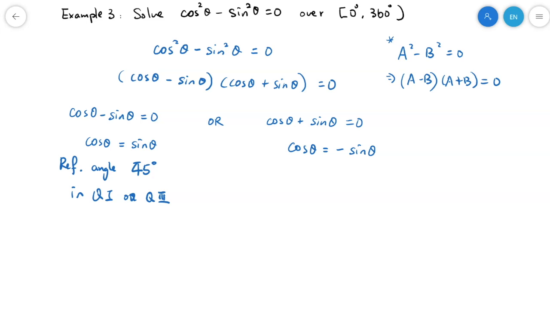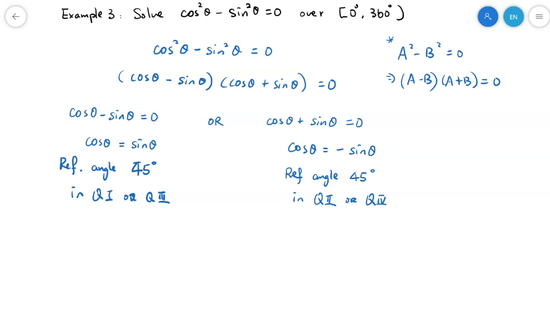On the other hand, cosine theta equal to negative sine theta. That means they have the same value but different sign. Then the only situation is when they have a reference angle of 45 degrees still, but in quadrant 2, when sine is positive and cosine is negative, or quadrant 4, when cosine is positive and sine is negative.